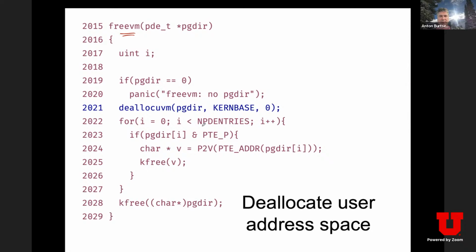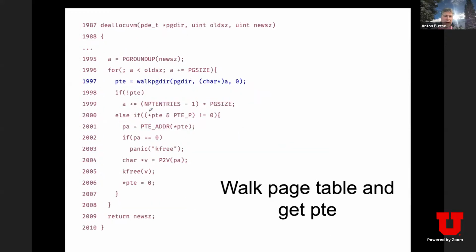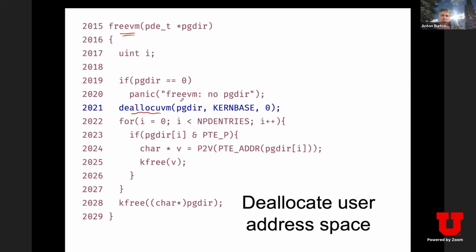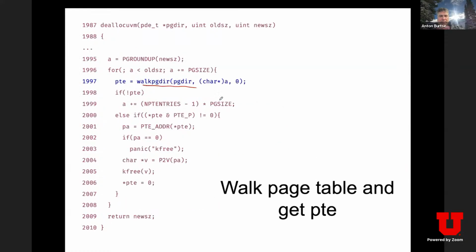We're going to descend into deallocate user virtual memory. What it does is walk the page table, and the way we invoked it is from the address 0 to the current base.